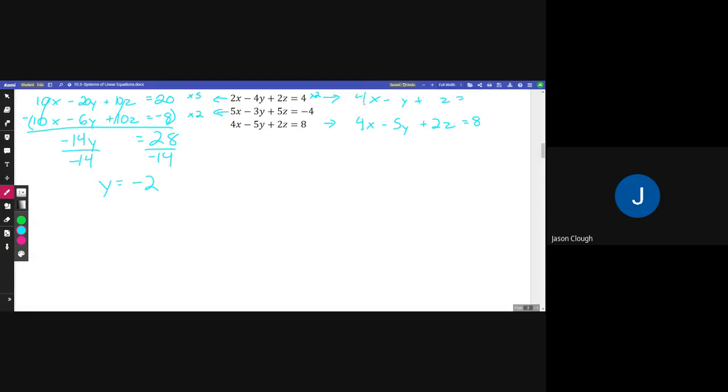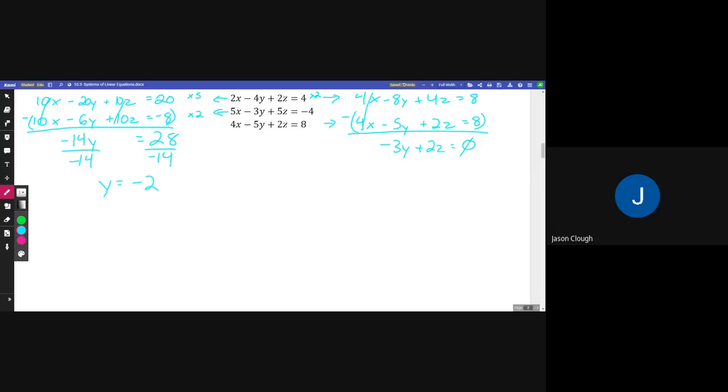So 4, 8y, 2z, 4z, and 8. Subtract the bottom from top, so this ends up canceling out. Negative 8 minus negative 5 is negative 3y, 4 minus 2 is just 2z, and 8 minus 8 is 0.